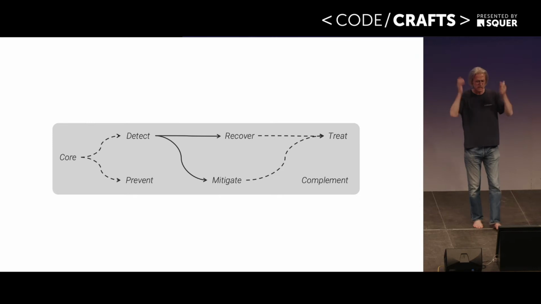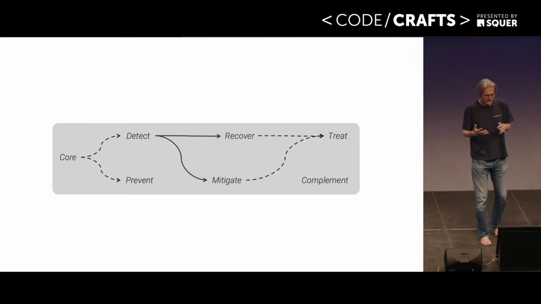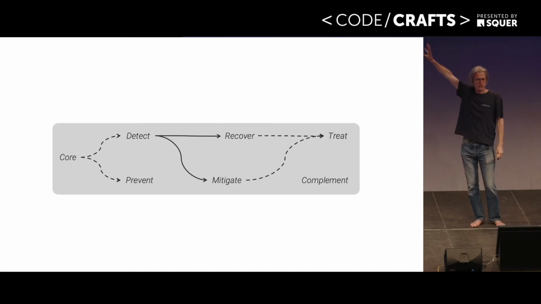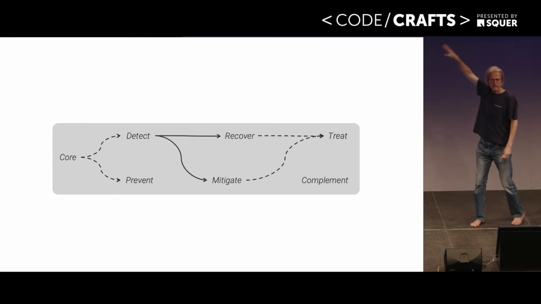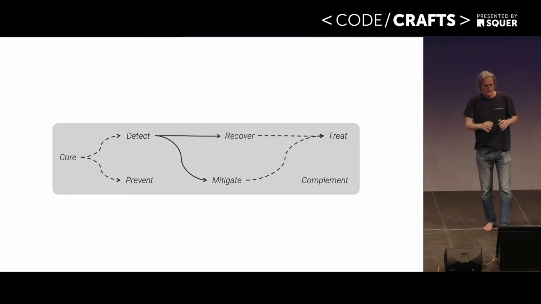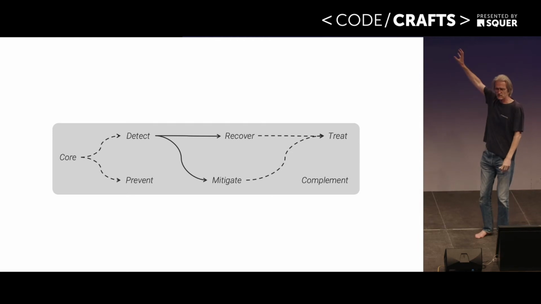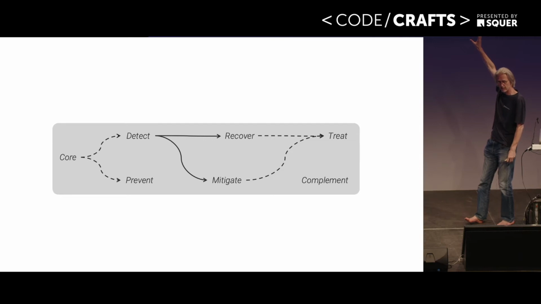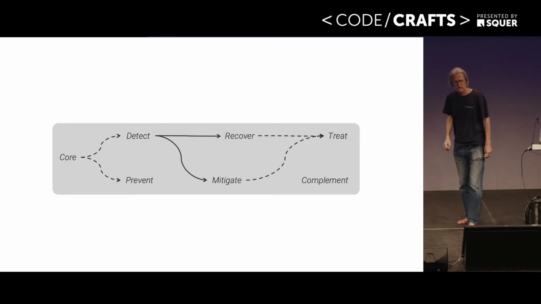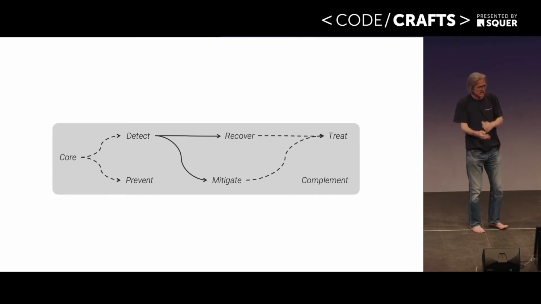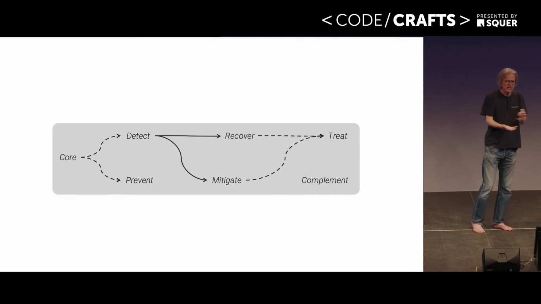And when I started discussing, I said, here are some kinds of categories. There are some core decisions that really influence all the rest of what we're doing. Then there's the core fault tolerance cycle, which says, first we have to detect if something went wrong, and then hopefully we can immediately recover from that, fix it immediately, or at least mitigate the problem. Then there's some treatment, trying to eradicate some of the root causes.